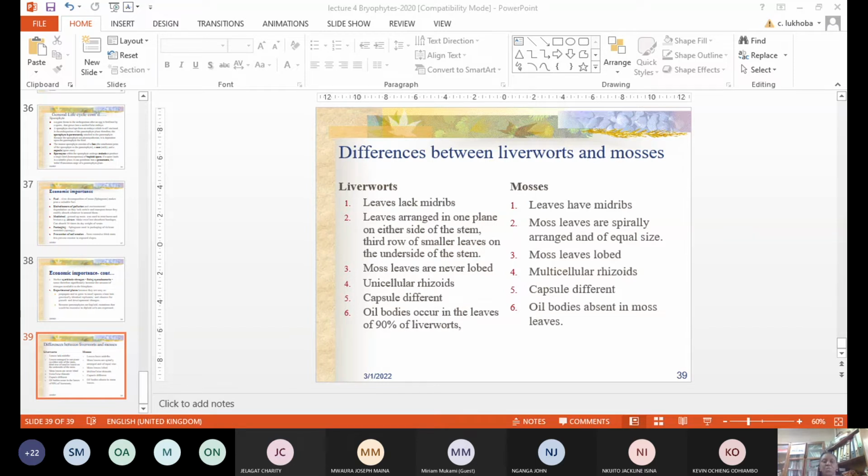Okay, I think we will stop there and we will continue with the pteridophytes in the next lecture. I'm trying to organize that we have a practical on Friday. So I would request that you be here on Friday, because practicals are physical, so you need to be here.